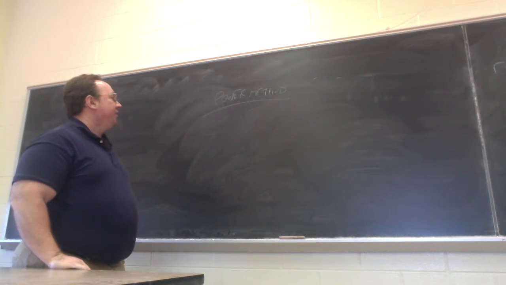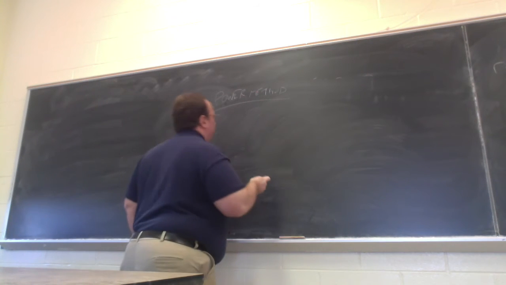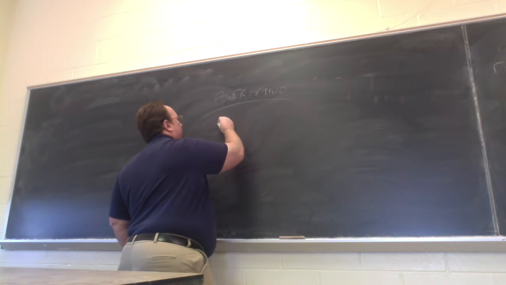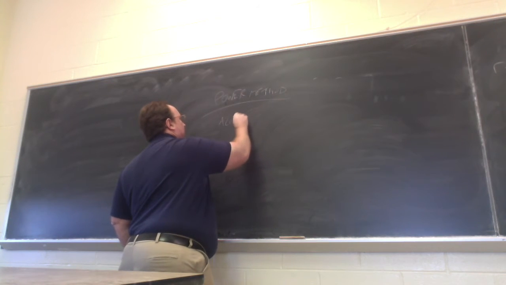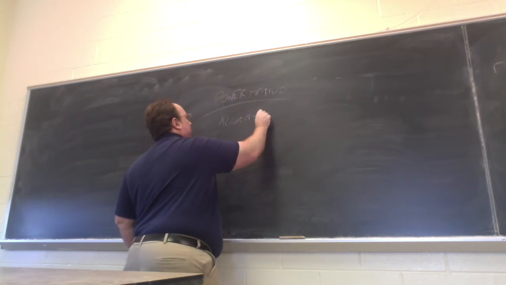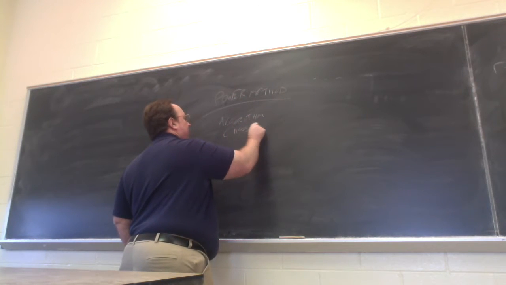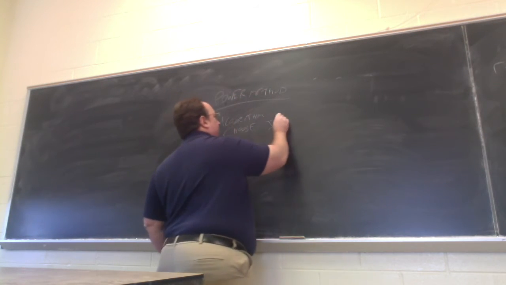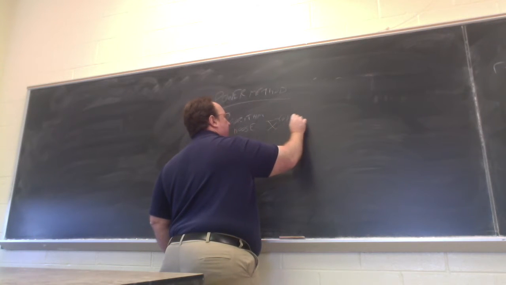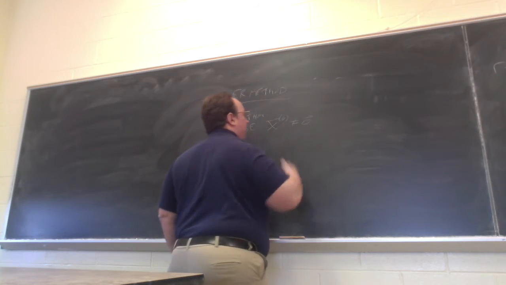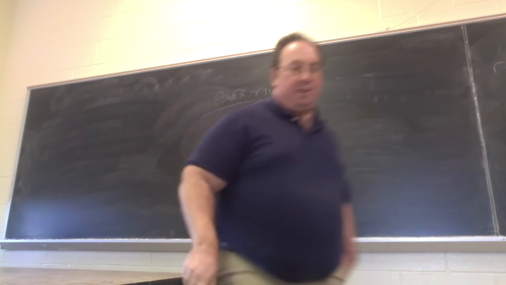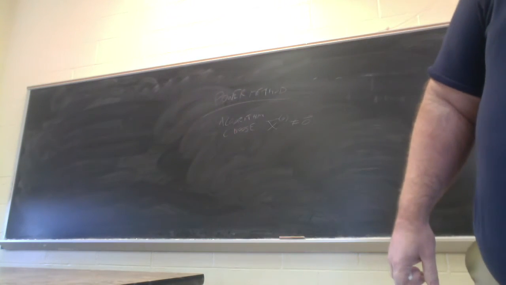First of all, I'll give the algorithm in the middle to see what it does. So first, we need to choose an initial vector, call it x naught. You can choose any vector as long as it's non-zero.